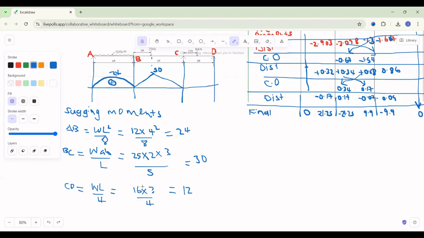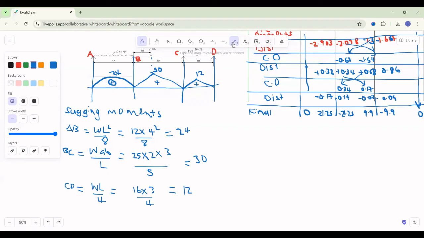Right, so one by four, so that's 12. So it's going to be a small value here. Okay. So remember, all these are positive. These are the sagging moments.